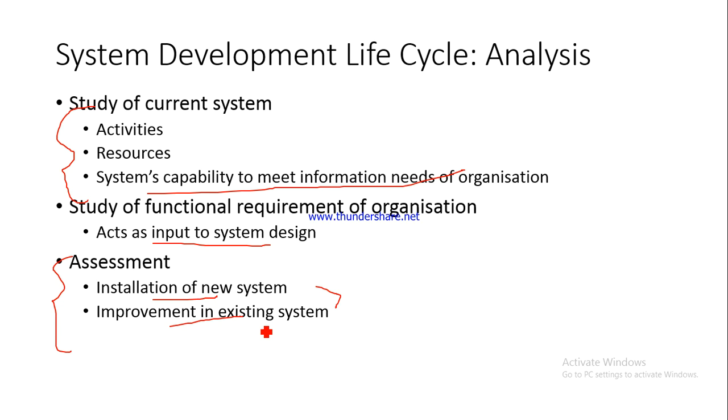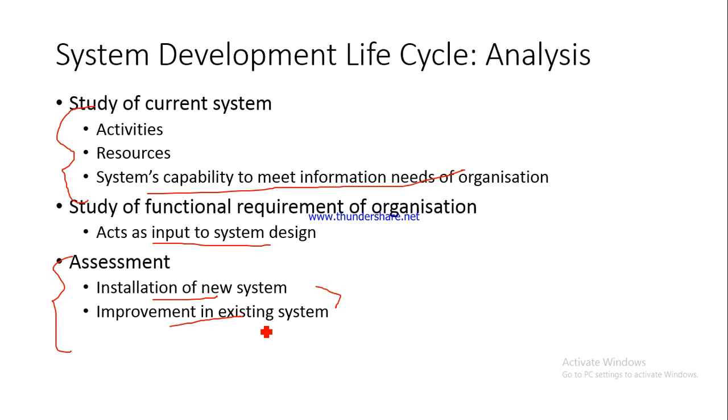I hope you understand that when you are trying to think of the system development lifecycle, system development does not only mean that you have a manual information system and you are now installing a management information system. It could also be that you have a management information system operational in your organization, but you are planning to replace it with a more advanced management information system that will provide you a richer array of information.